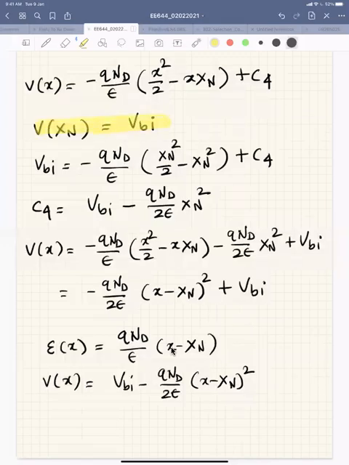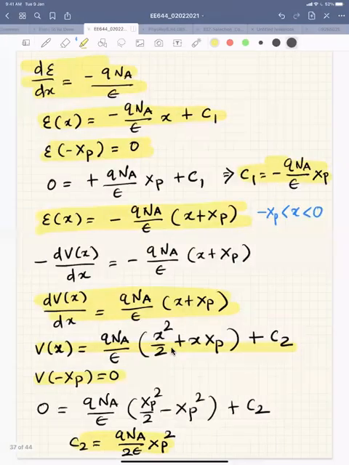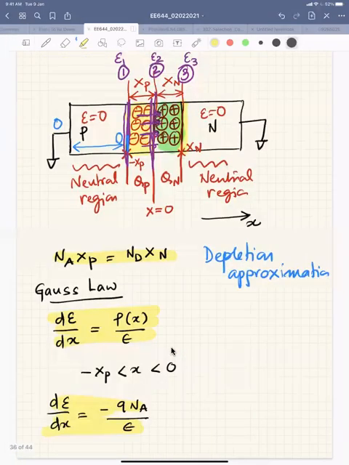Keep in mind the voltage at the left end of the depletion region is 0, because I am not applying any external potential and there is no drop in the neutral region. So the potential at this point is 0.